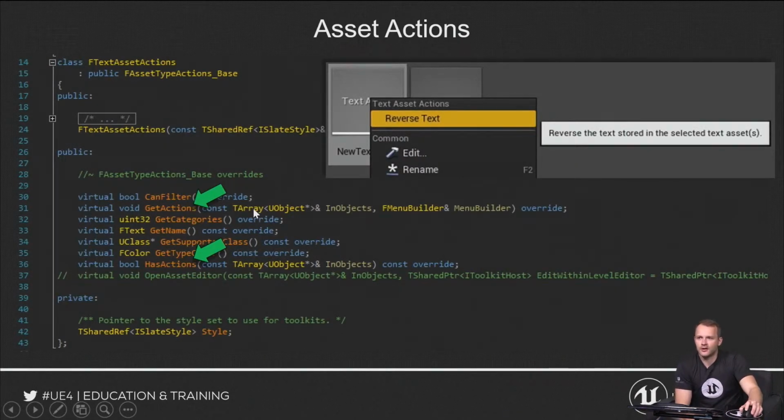Now, here are the two functions that I had to override in order to make available the context menu action for the text asset. And those two methods are GetActions and HasActions.